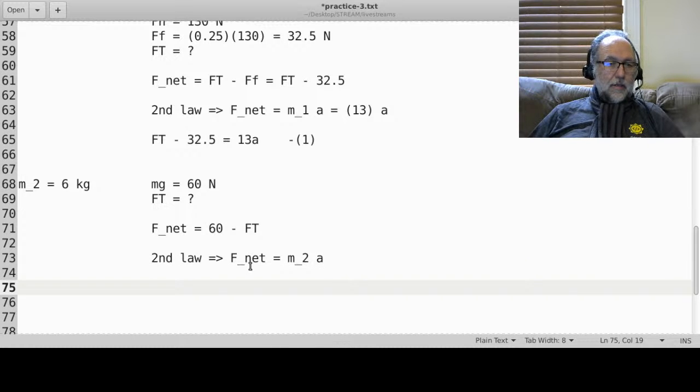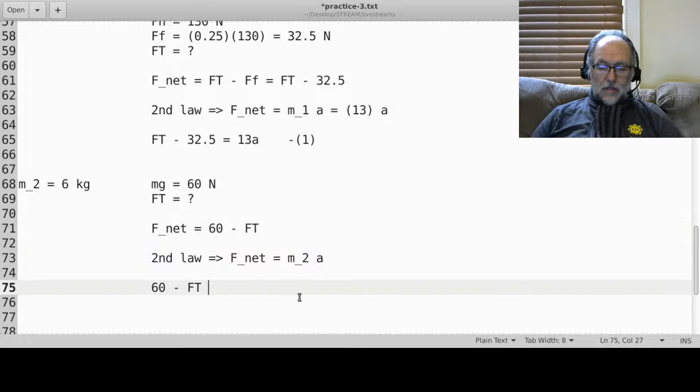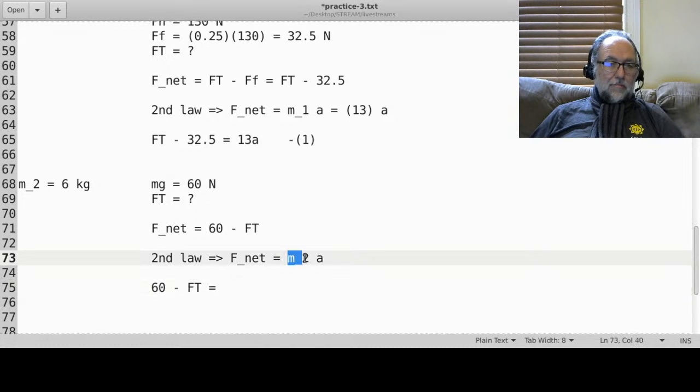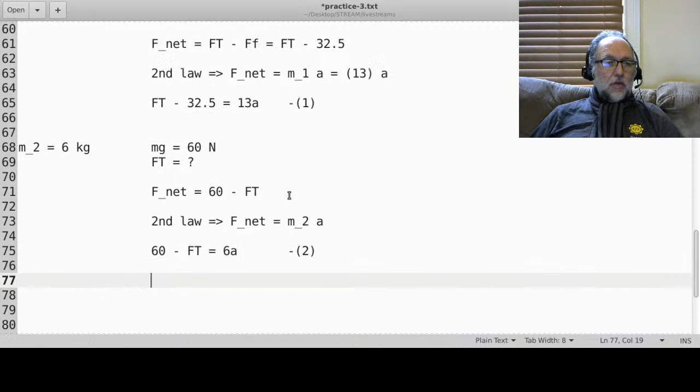And you can plug in for F net. So right there, what's F net? F net is 60 minus FT. And that's equal to M2. What's that? That's 6 kilograms. And A we don't know. Okay. And there you go. There's your equation number 2. And you can now solve.